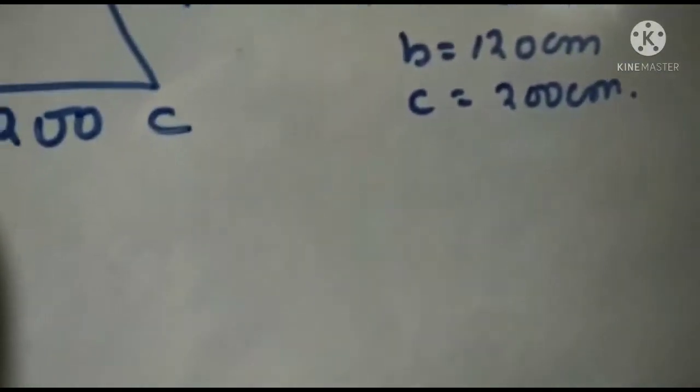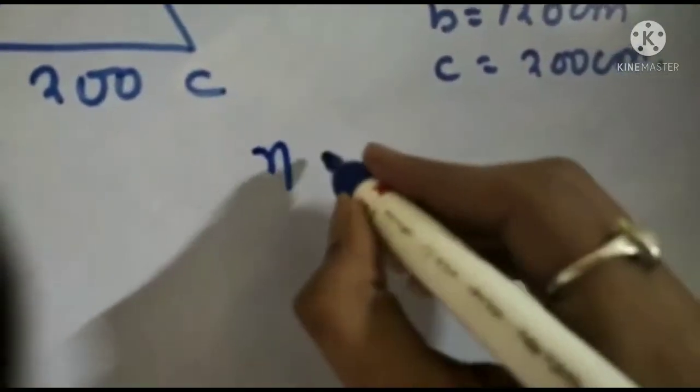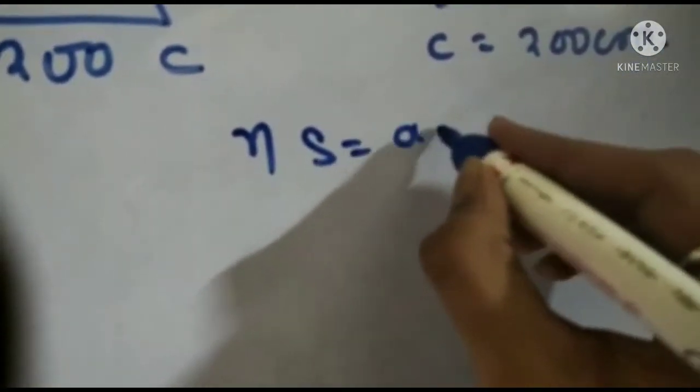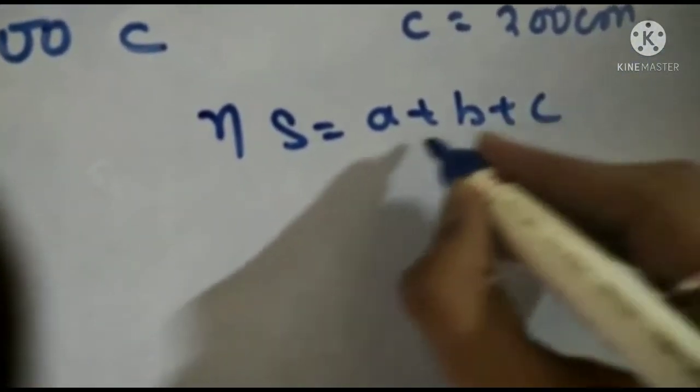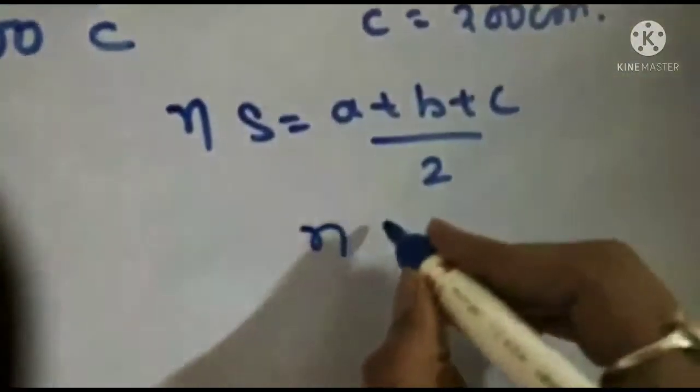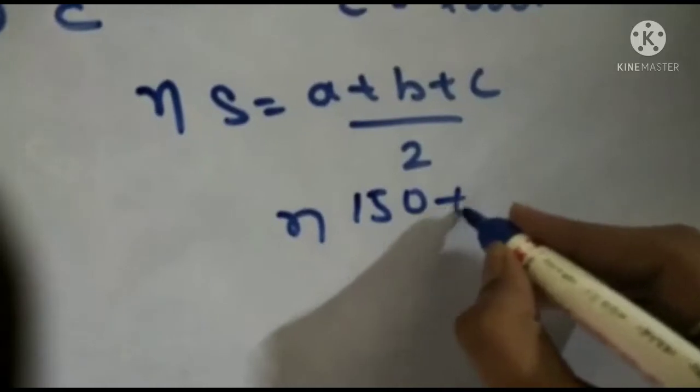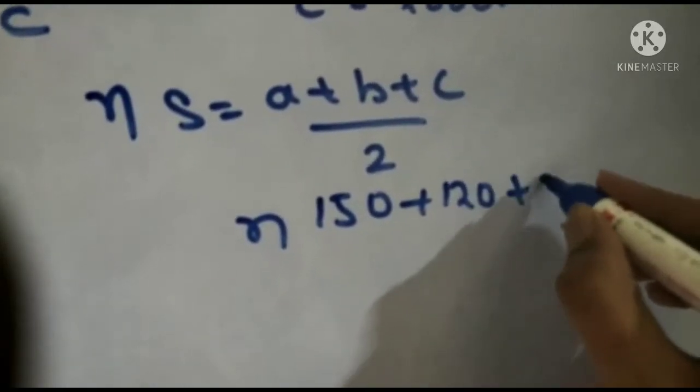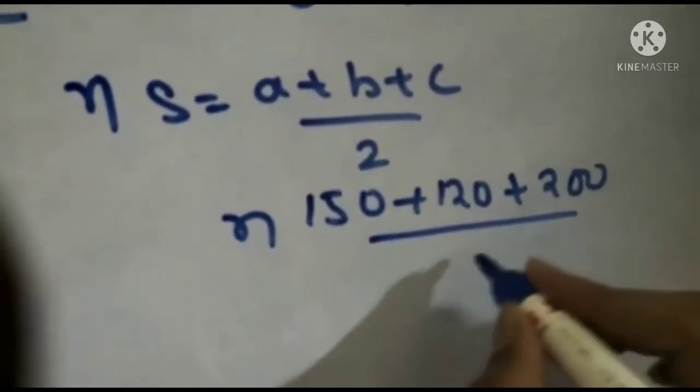Now from here you have to find the semi perimeter, that is s equal to a plus b plus c by 2, which is 150 plus 120 plus 200 divided by 2.